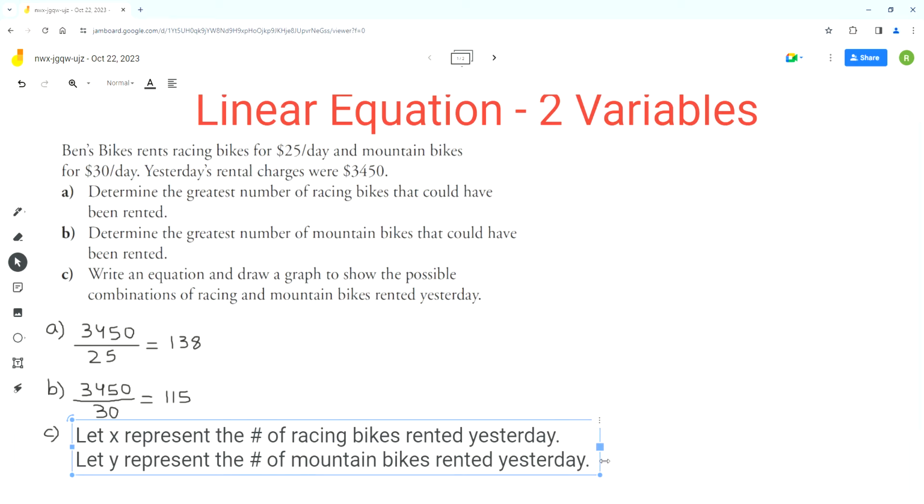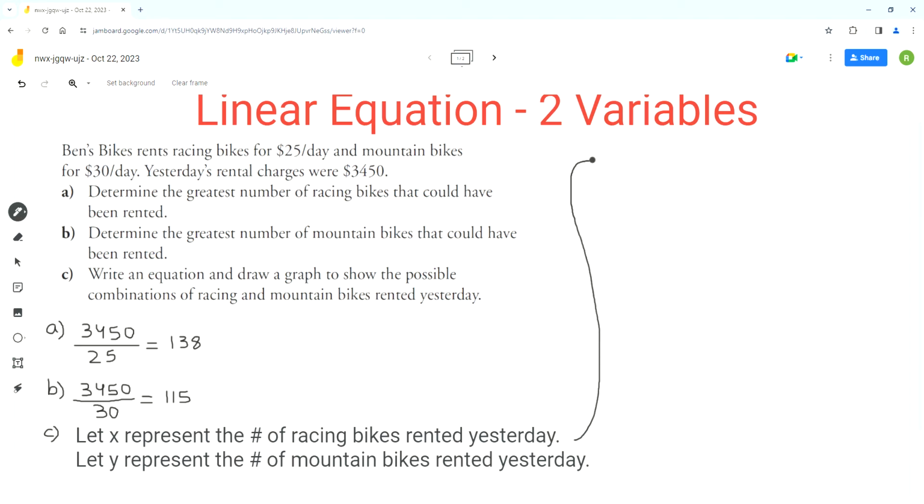Now we have to write an equation for the total amount of money earned. Now we are given that the total amount of money earned yesterday was $3,450.